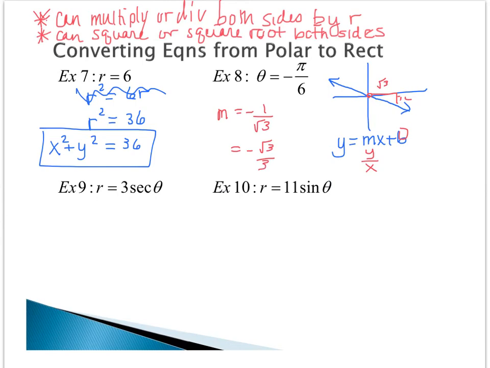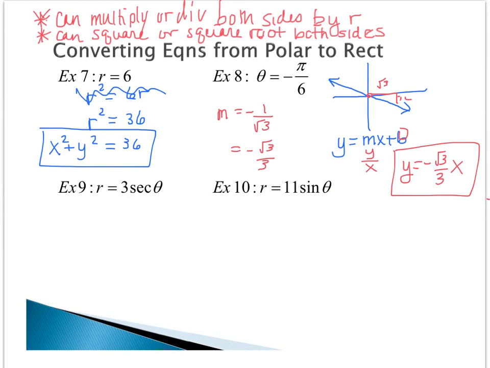And now that I know my slope, I can go ahead and say that this equation in rectangular form would be y equals negative root 3 over 3 x. If I were given a different angle, I would just need to draw the triangle to find the ratio of y to x. In example 9, I have r equals 3 secant theta.